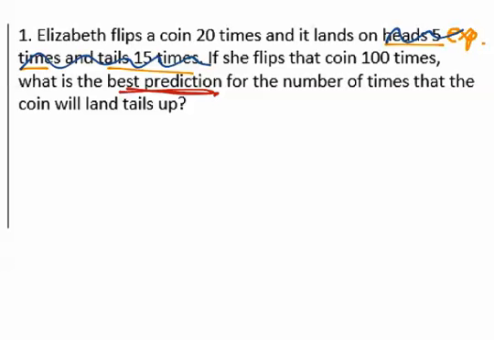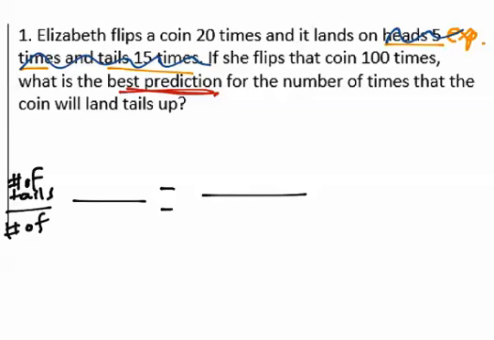Now we go ahead and set up our proportion. Okay, so we're asking for the number of times the coin will land tails up. So we say number of tails on the numerator over number of outcomes. Remember, this first ratio is going to be my theoretical probability of landing on a tails.